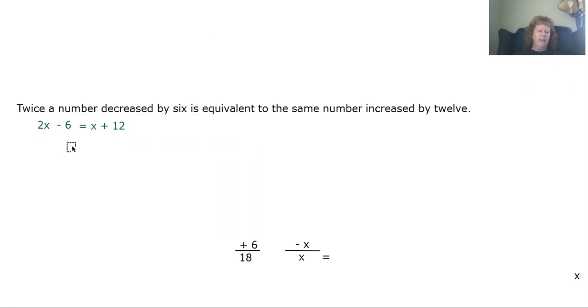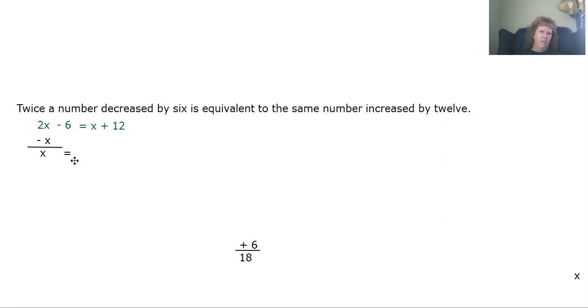So here, if we need to get the numbers on one side of the equal sign and the letters on the other side of the equal sign, we could move the 2x to this side and the 12 to this side. But if we try to subtract 2x from just 1x, we'll end up with a negative. So it would be better for us to subtract the x on this side from this side.